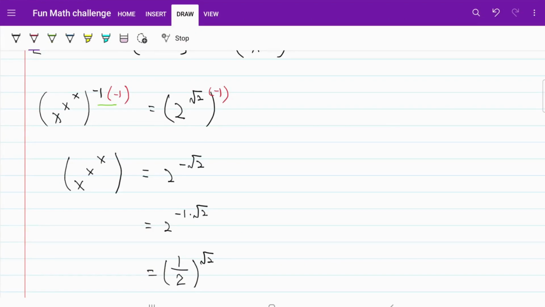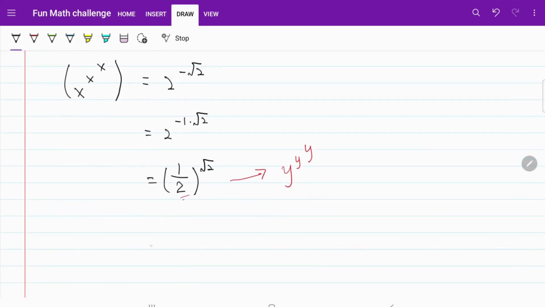In order to solve this equation, I need to turn the right hand side of the equation into the form of y to the power of y to the power of y. So let's see what we can do with the fraction 1 over 2. I'm going to write that as the square root of 1 over 4 to the power of square root 2.